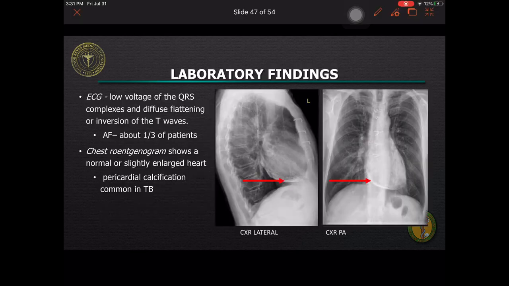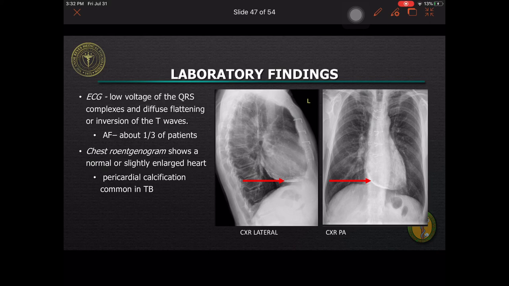The electrocardiogram frequently displays low voltage of the QRS complexes and diffuse flattening or inversion of the T waves. AF or atrial fibrillation is seen in about 1/3 of patients. The chest X-ray shows a normal or slightly enlarged heart, and sometimes pericardial calcification is seen.